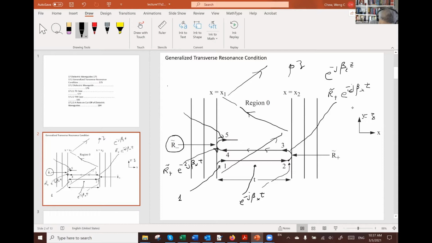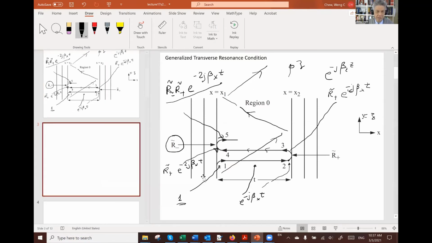So over here it will become R minus tilde R plus tilde e to the minus 2j beta xt. But this wave has to become itself in order for constructive interference to occur. So we come up with a condition that the wave becomes itself after it bounces around.